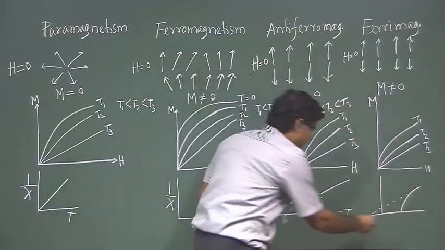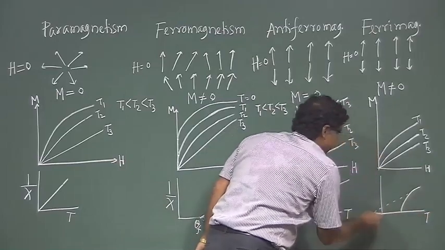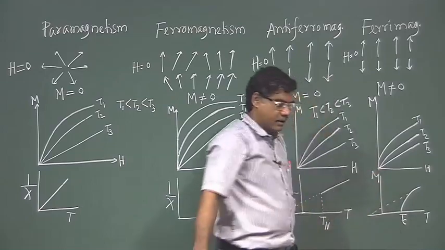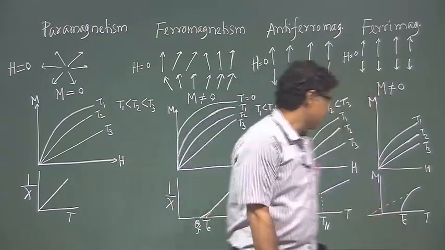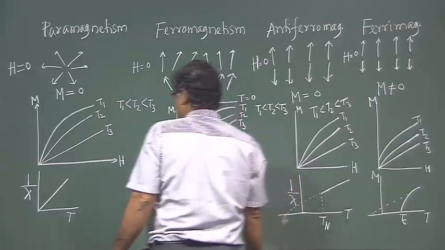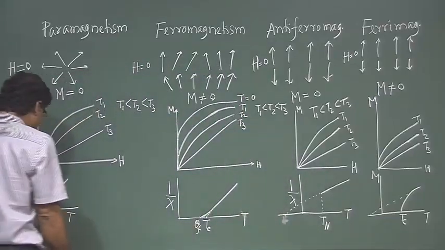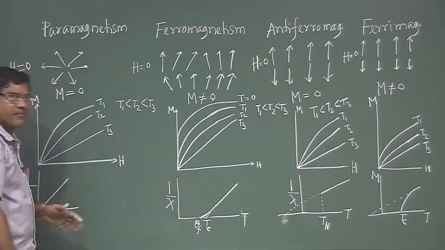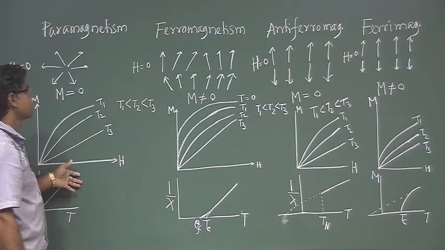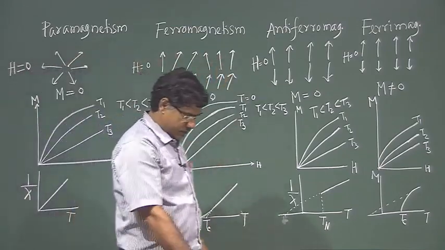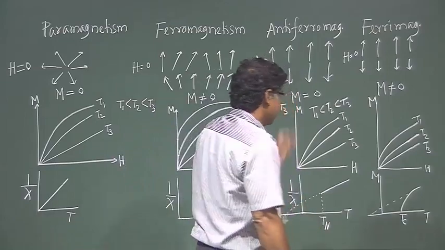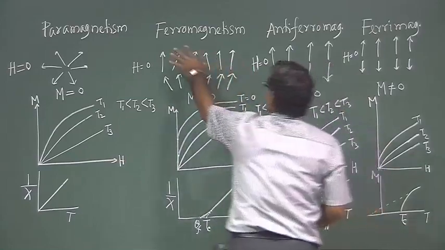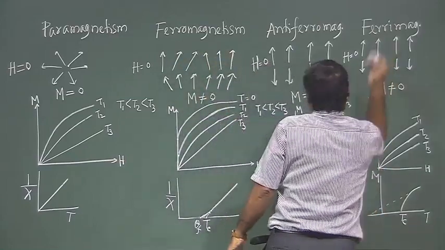So, this type of variation with T, and this is basically Tc, and this is the variation of chi, 1 by chi, inverse of chi as a function of temperature, and if one measures this, one can differentiate these 4 types of material.